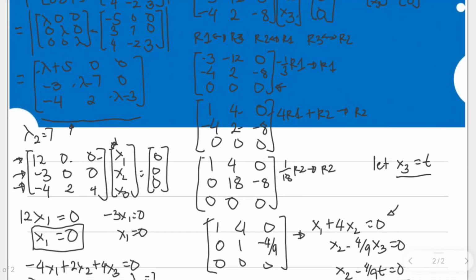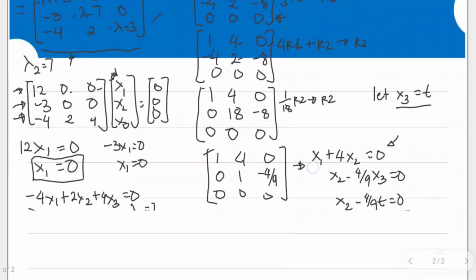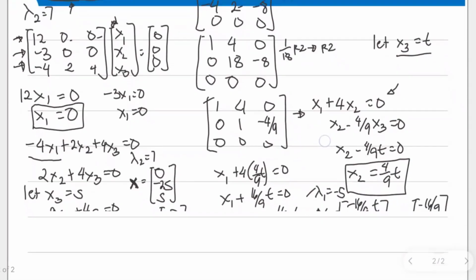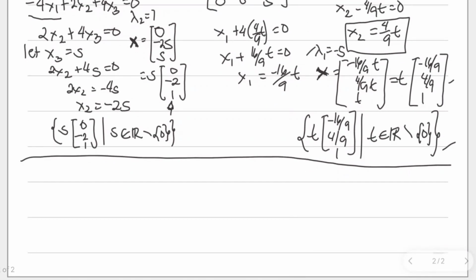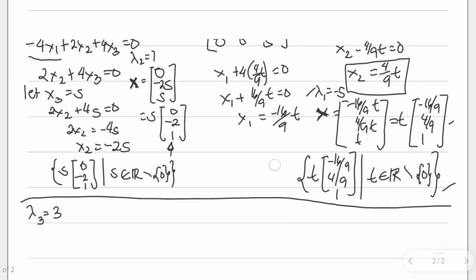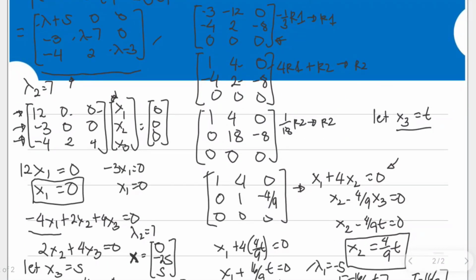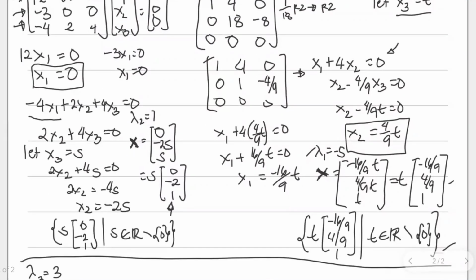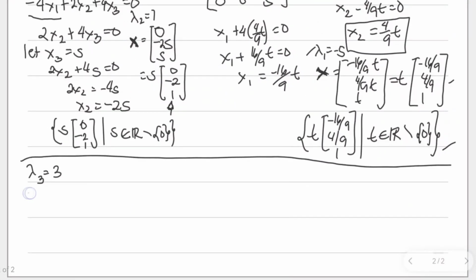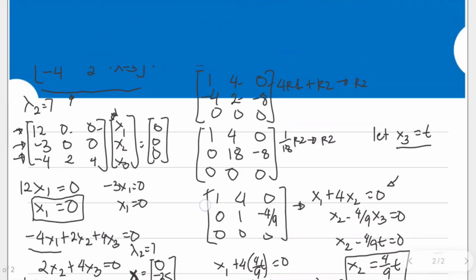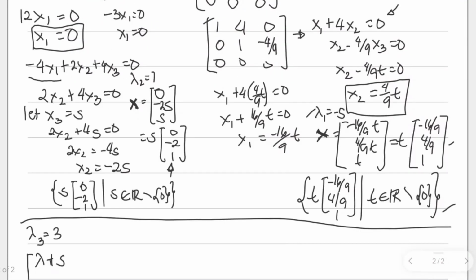We're still going to use this here. So hopefully we could, it's not enough, so we'll have to rewrite that. Our third eigenvalue is 3, and our form here is this. Pardon me. You will have lambda plus 5, 0, 0.